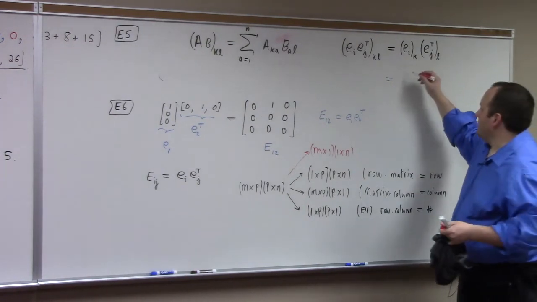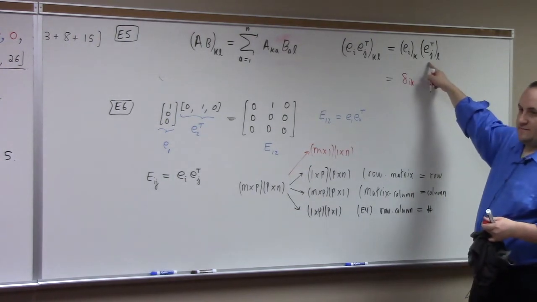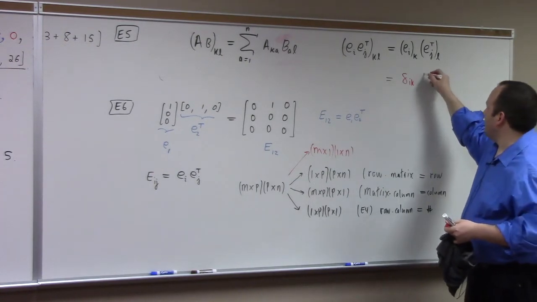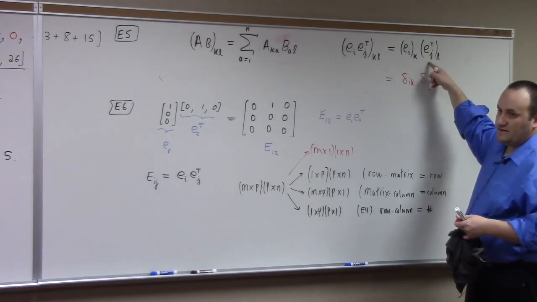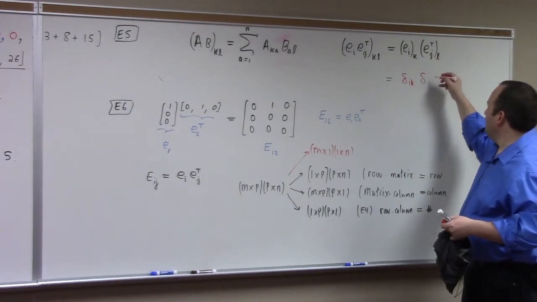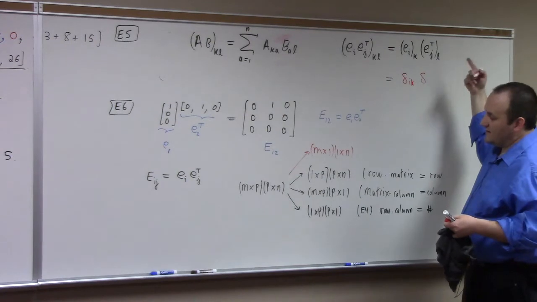And then it's almost trivial. So this is delta ik, and this is what? It's kind of silly, but it's also delta jl. The question is, what's the lth component of the transpose of the jth standard basis vector? Well, it's 1 if j is equal to l, it's 0 otherwise.